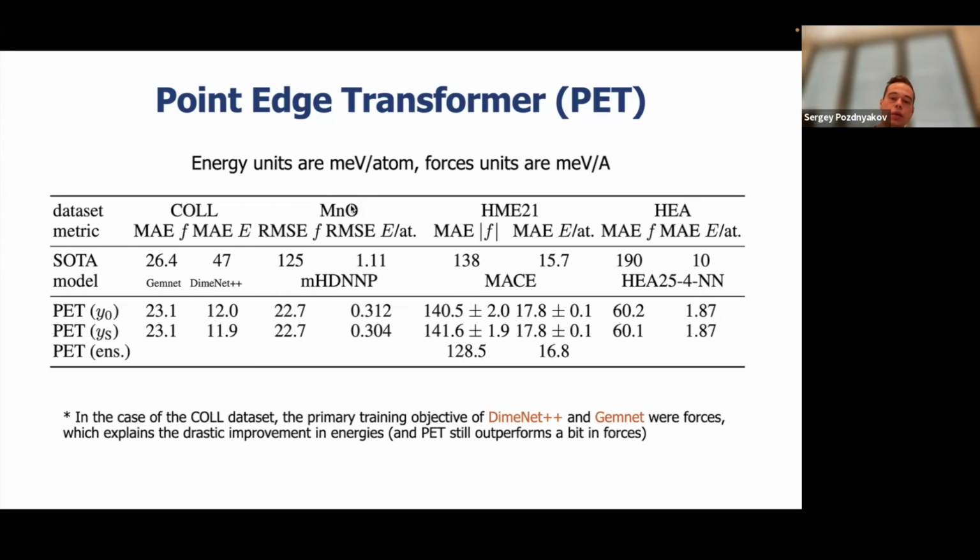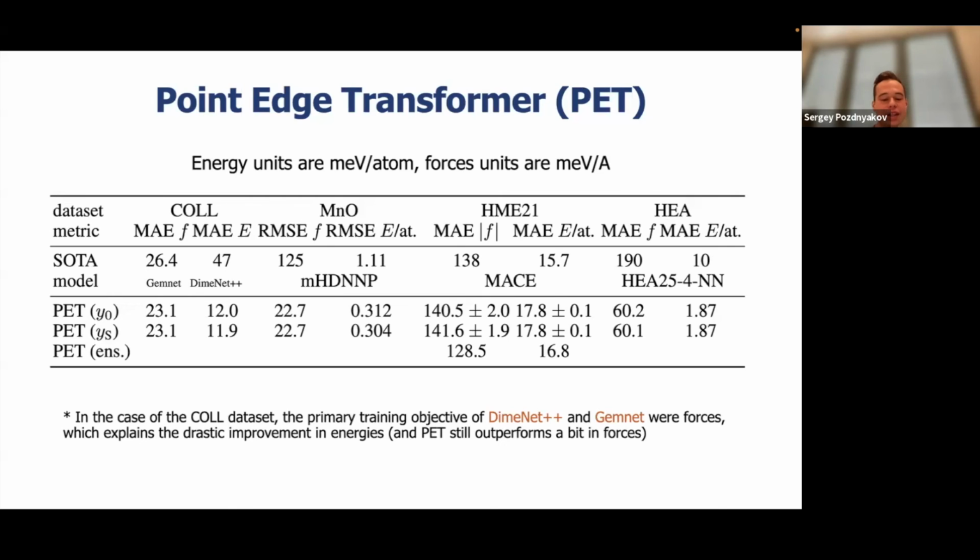The other two columns represent the comparison with some old-school models. This one is a variation of Behler-Parrinello neural networks, the magnetic variation of it. This model is basically some Frankenstein monster.